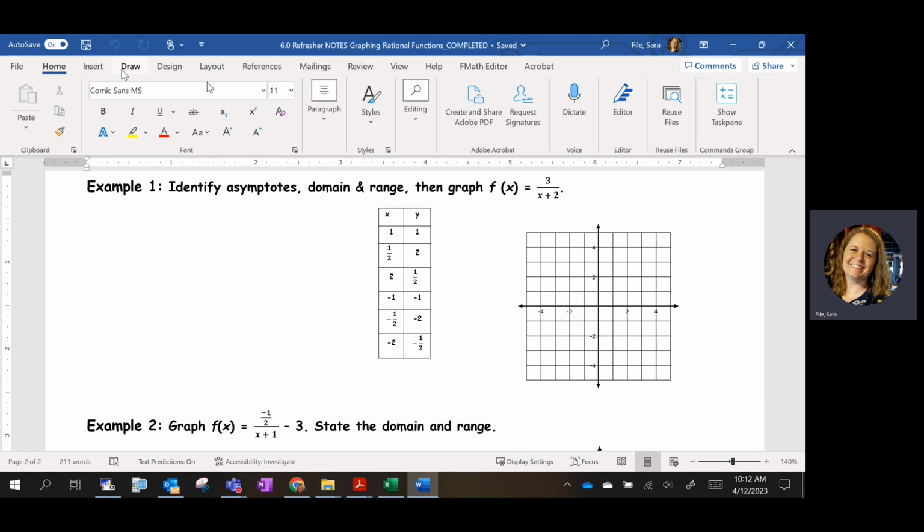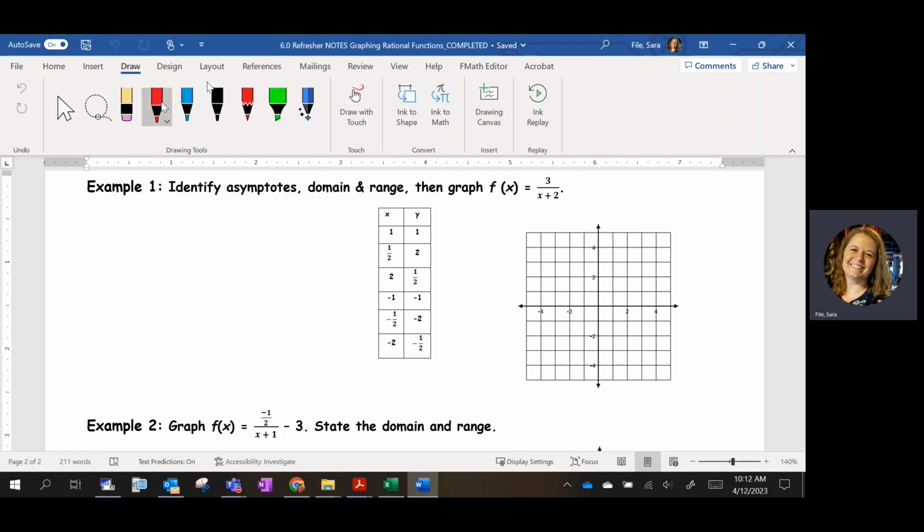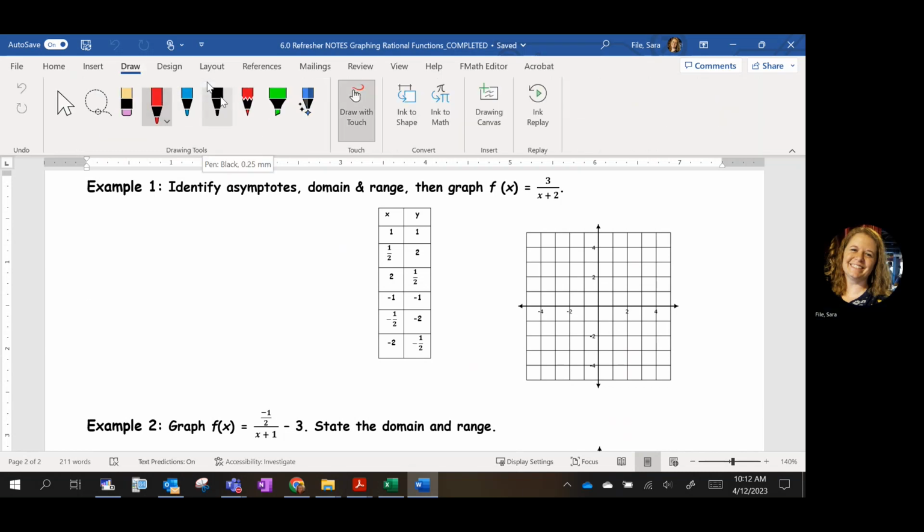Okay, so here I'm going to start by identifying that a, h, and k in this equation. Okay, so the a value is a 3, which is positive, so it's not reflected, and it's greater than 1, so it's going to vertically stretch our graph, but that's not going to do anything to our asymptotes. Okay, so it's a vertical stretch, but no reflection, and that does not affect where our asymptotes are.